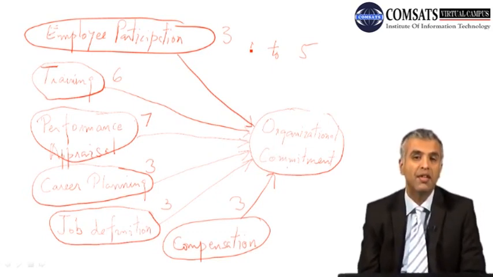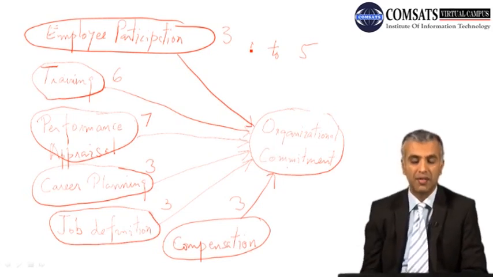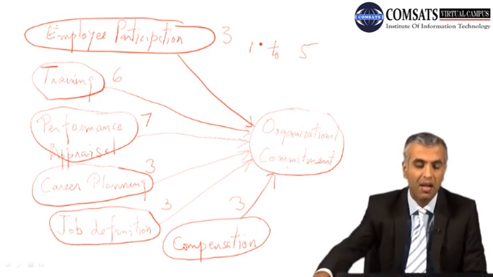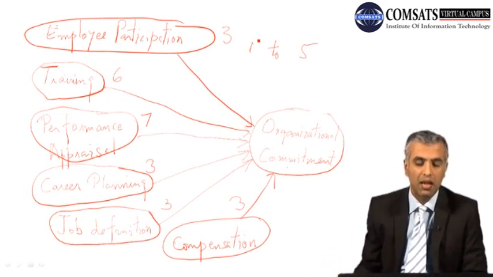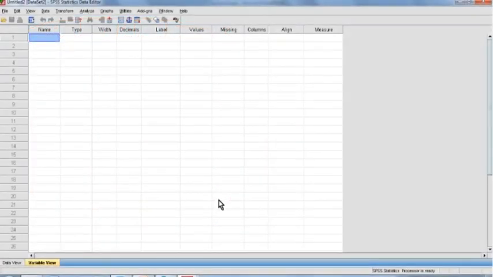The common software in business administration is SPSS, and here we will first see how SPSS is used, and we will see how to enter such data in SPSS and how to work things out in SPSS to analyze such data.